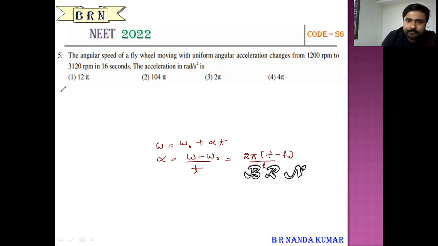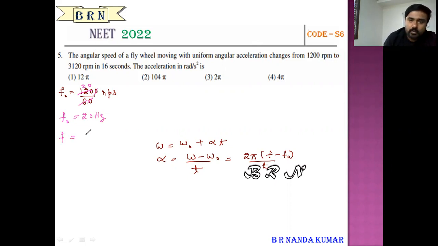Here f naught is given as 1200 rpm, rotations per minute. We have to convert it to rotations per second, that is, divide by 60. The 0 cancels, 6 1s are 6, 6 2s are 12, so 20. So f naught is 20 hertz, okay?